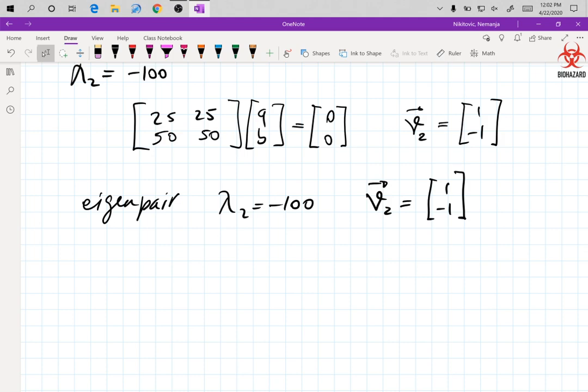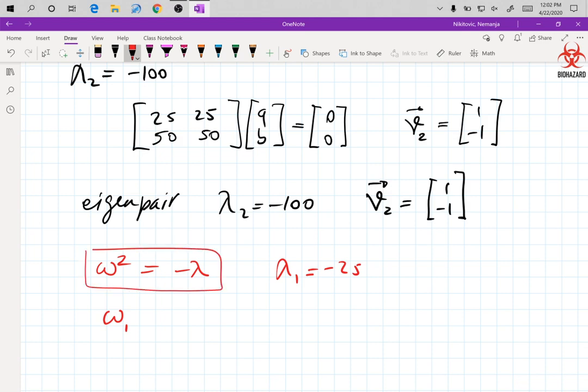My omega squared is equal to negative lambda. Now my lambda 1 is negative 25. So this is the formula.